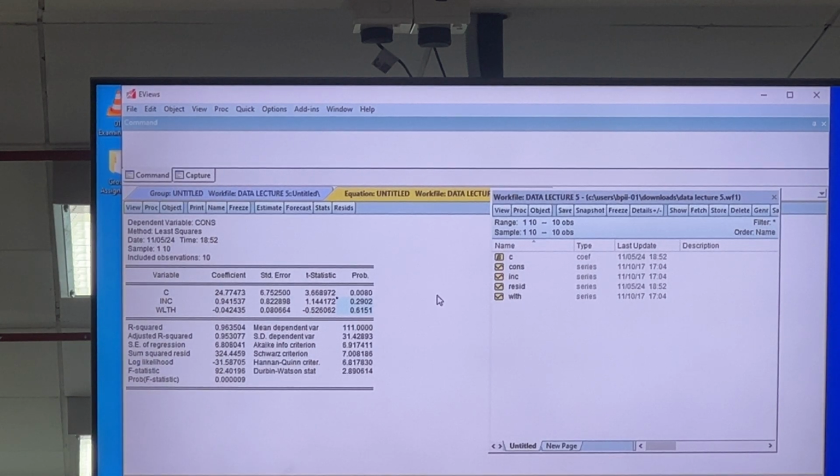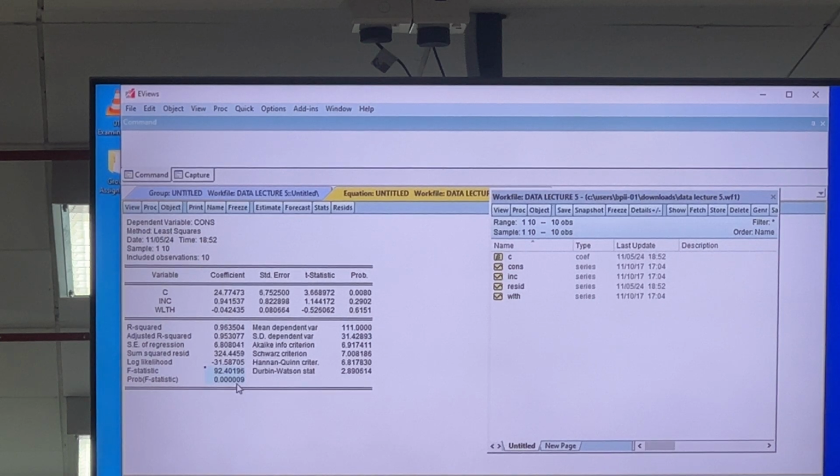So again, this is one of the signs of a serious problem of collinearity between the variables. And then if you look at the F test statistic as well as the p-value for the F test, the p-value is 0, meaning it is less than 0.05, so we reject.